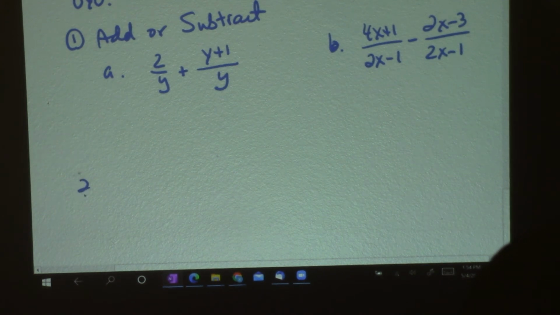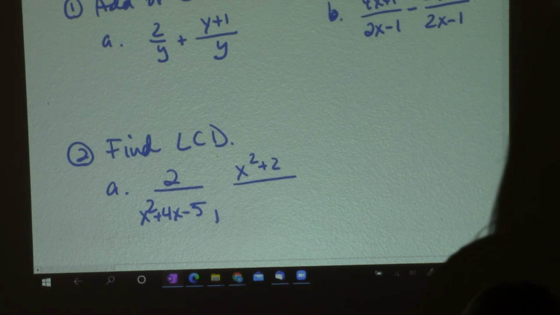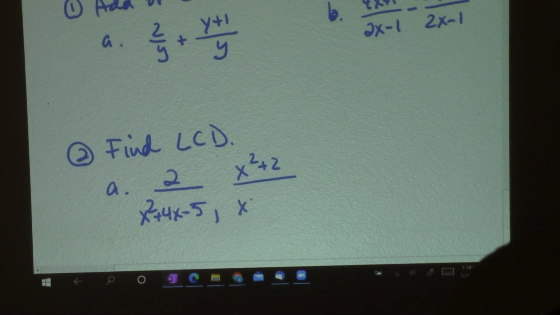And then number 2, I want you to find the LCD, the least common denominator. And here's A: 2 over x squared plus 4x minus 5, and x squared plus 2 over x squared plus 7x plus 10.